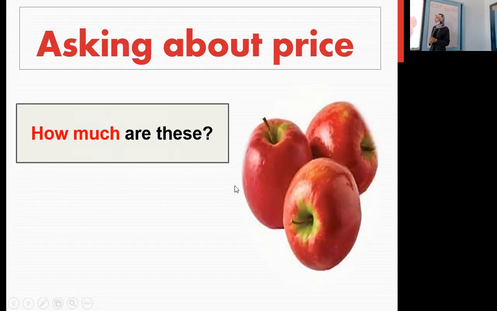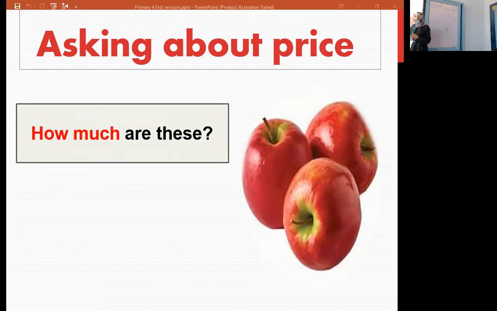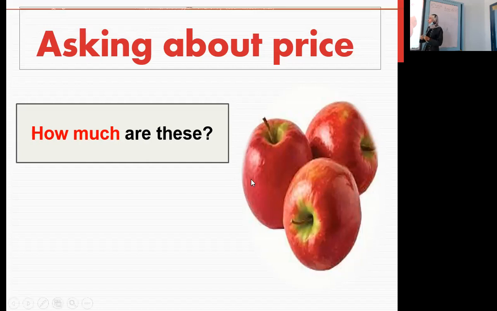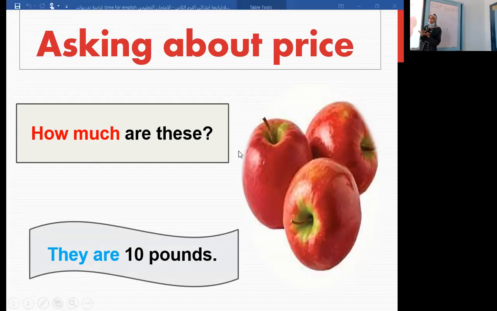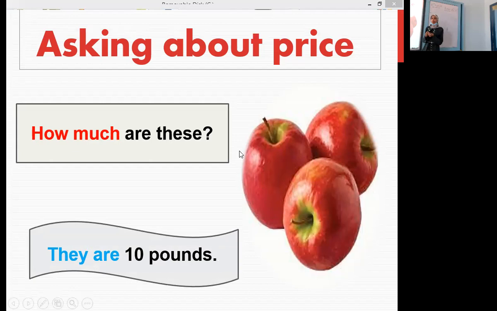We can say, how much are these? To ask about the price, we use how much. And the person should give me an answer saying that they are, for example, 10 pounds or 20 pounds or 15 pounds, whatever. So when you want to ask about the price, you have to say how much.